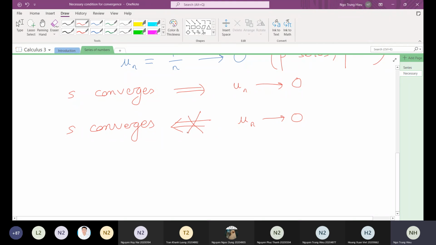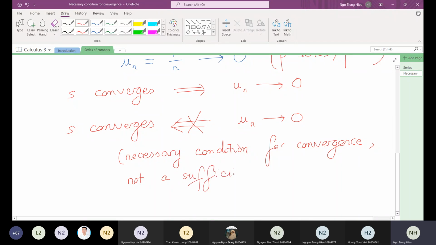So this is only a necessary condition, not a sufficient condition. All right. So any questions?